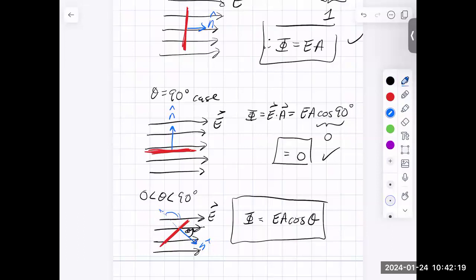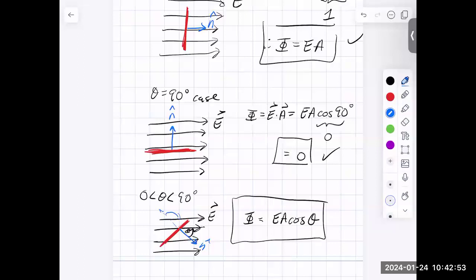In that case, the cosine would be negative. So when we get there, we're not there yet, but we're going to eventually be interested in the electric flux of a closed surface, like a sphere or something like that. And then, when we define our normal vectors, we're going to want them to point outside of a closed surface. And so there, we will worry about whether the flux is positive or negative. But right now, we're not concerned about it. Does that help?